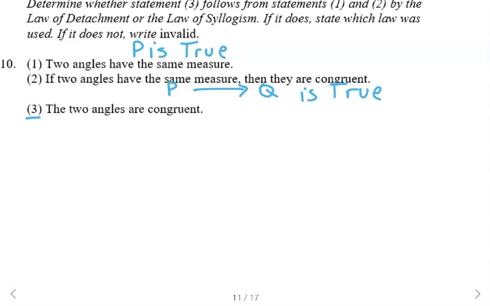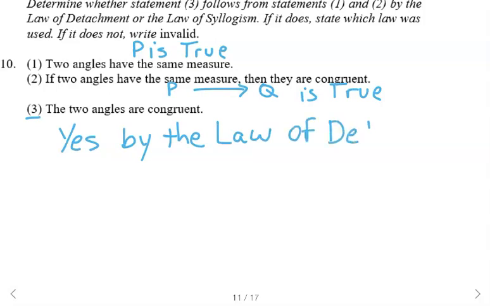So determine whether it's valid. Yes, it's valid by the law of detachment. Law of syllogism has to have two conditionals. This only has one conditional. So the law of detachment has a true conditional, and we know that the hypothesis is true, then the conclusion must be true.